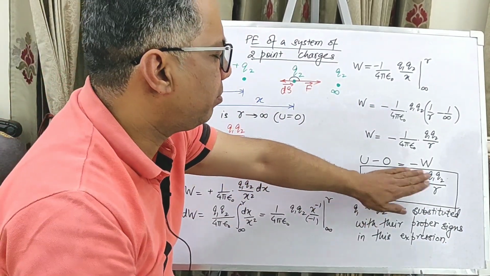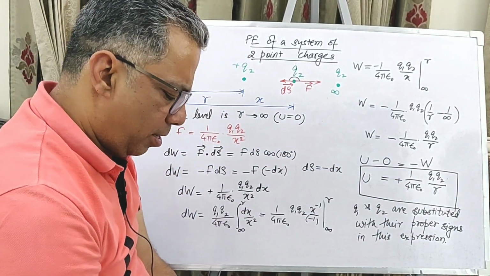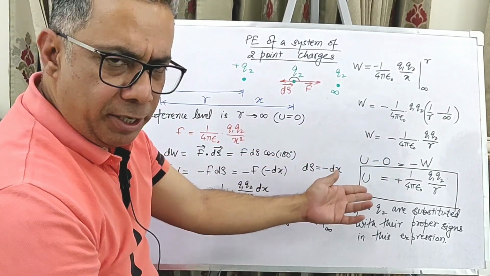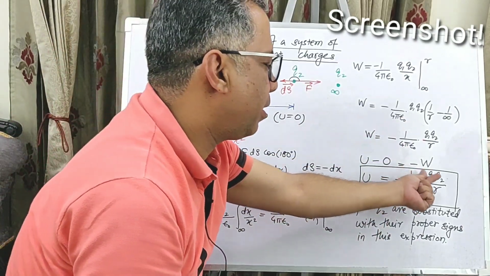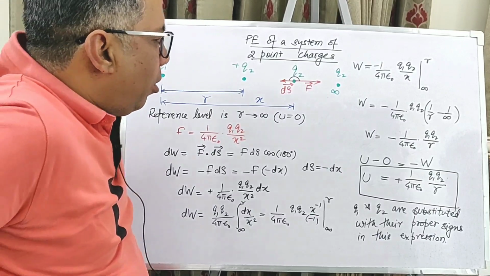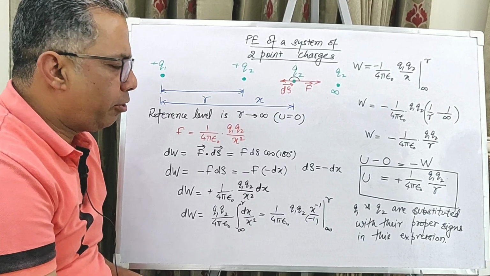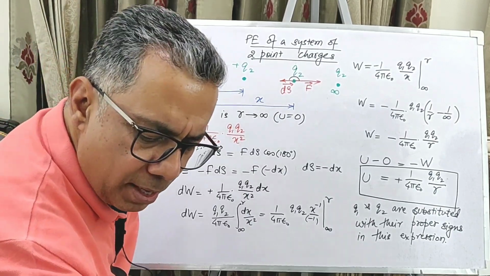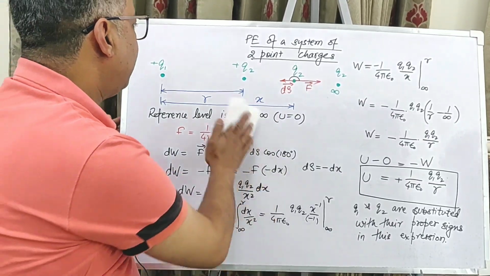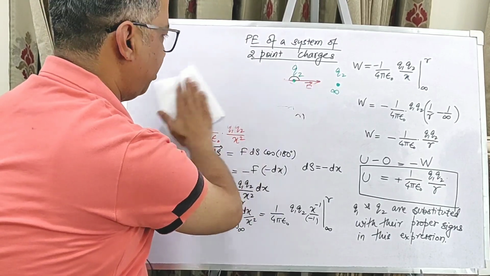So as long as you substitute Q1 and Q2 with their appropriate signs in this expression, you will be completely fine. You will get the correct value of potential energy pretty much automatically if you just substitute the charges with their correct signs. So just an opportunity for you to quickly take a screenshot and then take notes, and now we move on. Now this is the calculation of potential energy for a system of 2-point charges.